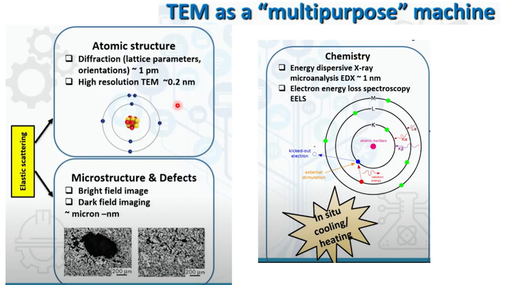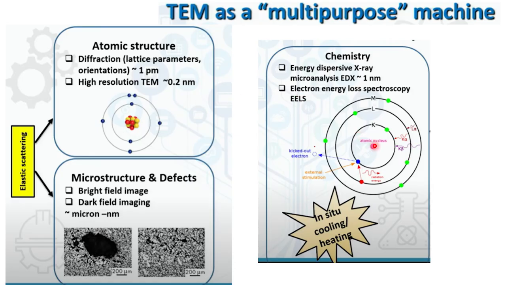So microstructure defects as well as atomic structure you can analyze through the TEM, and those are possible because of the elastic scattering between the incident electron beam and your sample.